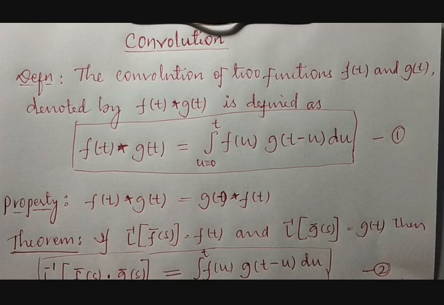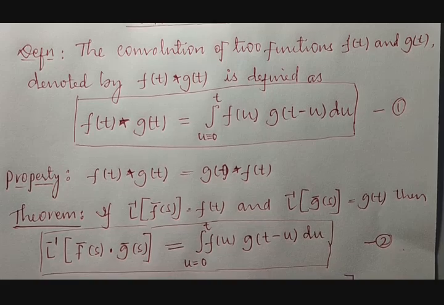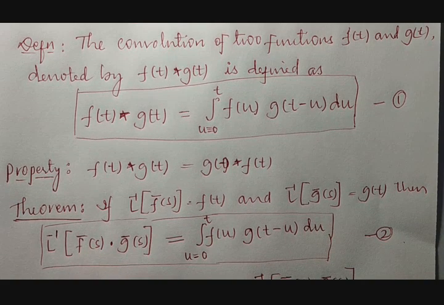Then we have an important theorem which provides a relation between two functions through a convolution, and this theorem provides a result to obtain the inverse Laplace transformation of two functions, known as the convolution theorem.